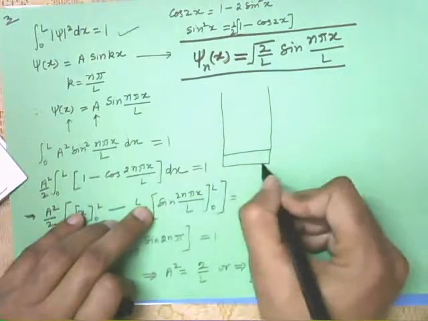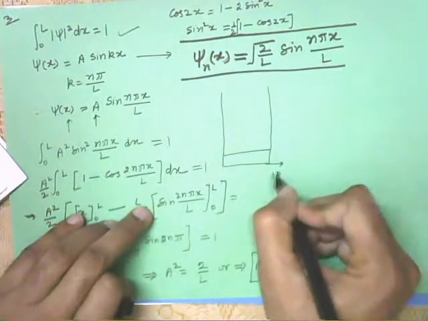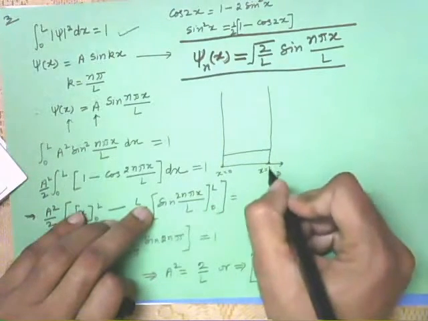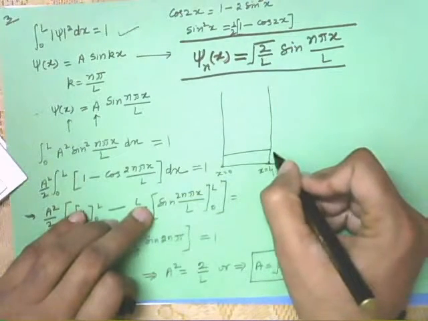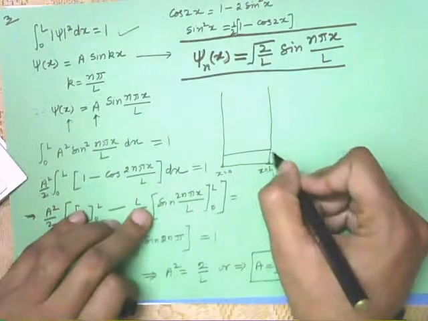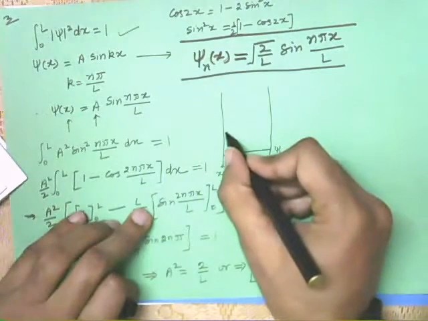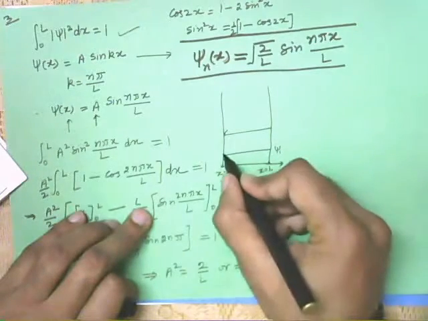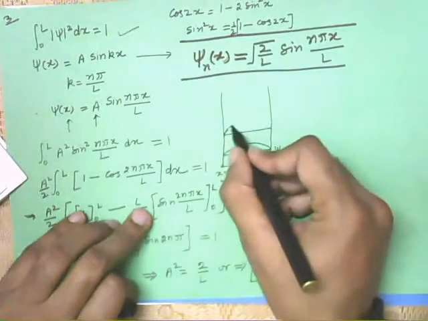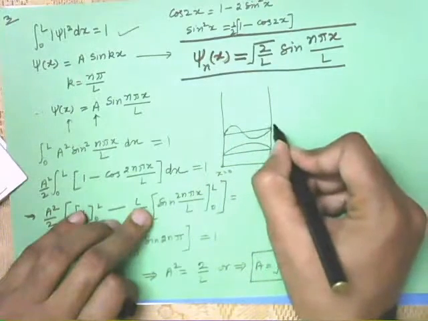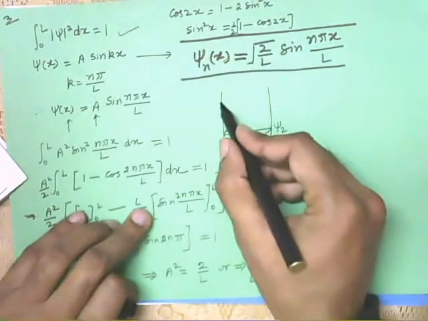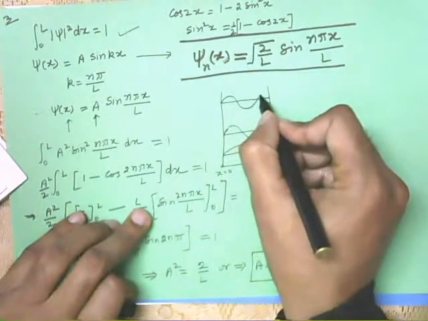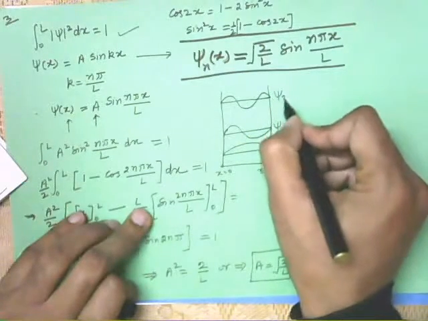This is a one-dimensional box along the x-axis, x is equal to 0, and this is x is equal to L. This is psi 1, this is psi 2, and the next one is psi 3.